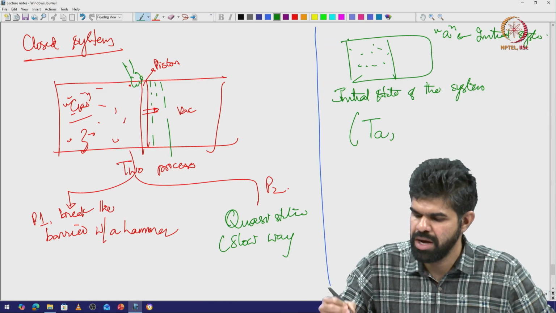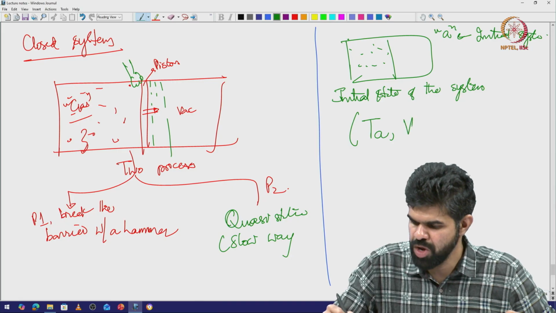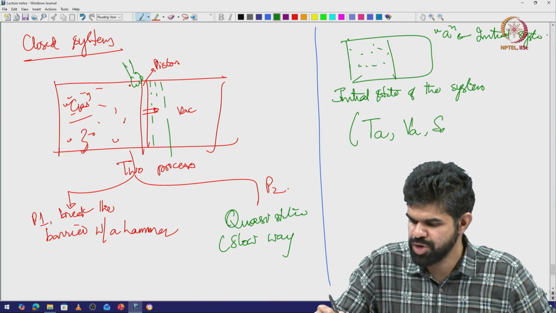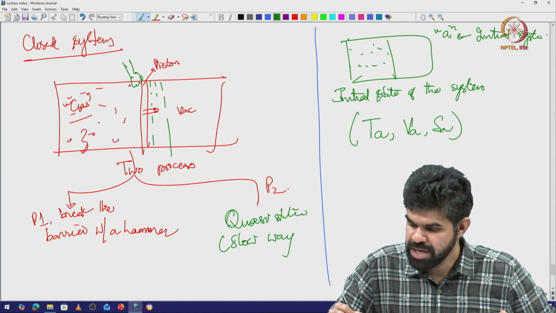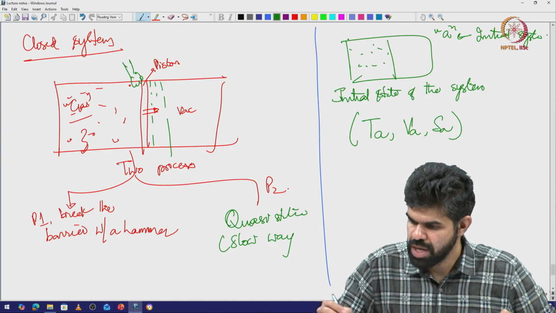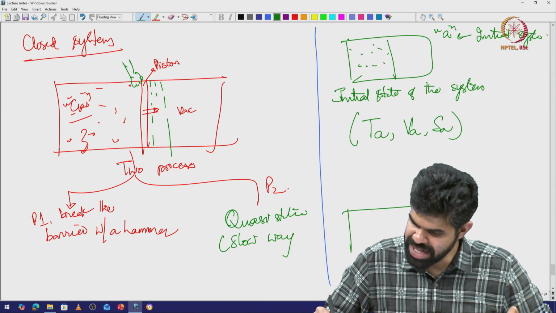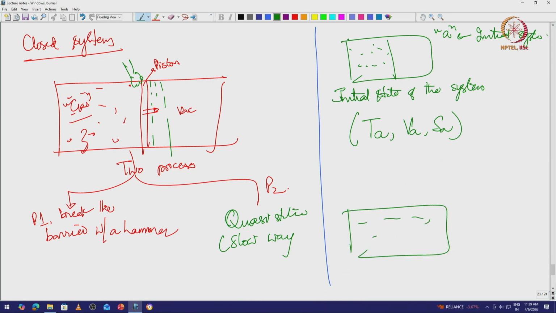Let us say it has some volume, it has some entropy and so on and so forth, and B is the final state of the system, and in the final state the gas molecules are everywhere. I have some T B, I have some V B. So, these variables define the state of the system, the T B, the V B, S B and so on and so forth.